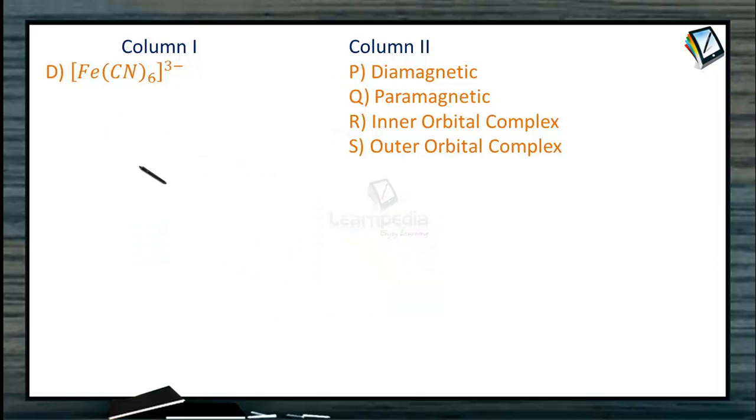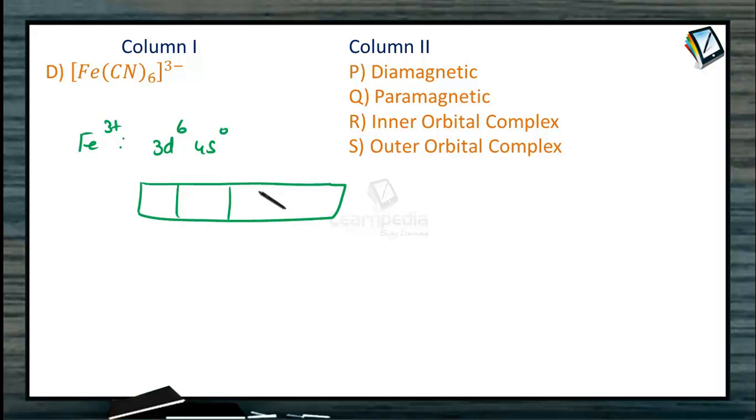And the last one, it is an iron complex where iron is in +3 state. So here the configuration of iron becomes 3d6 4s0. And if it is 3d6 4s0, it is similar to that of the previous one where 6 electrons are there in 3d. And as cyanide is an example of strong ligand, the pairing of electrons takes place against the Hund's rule.